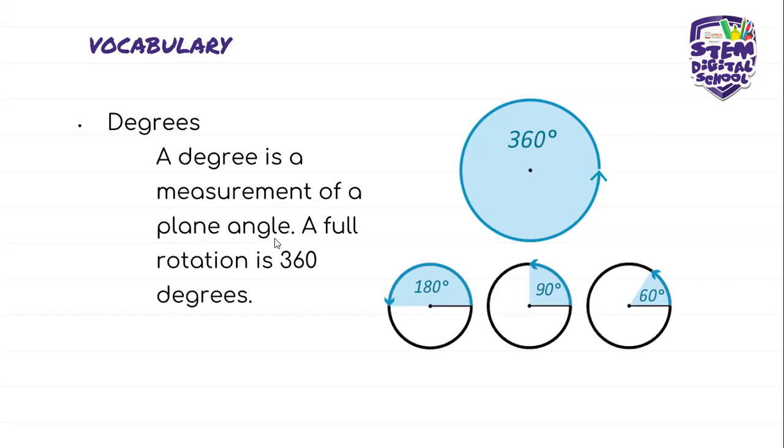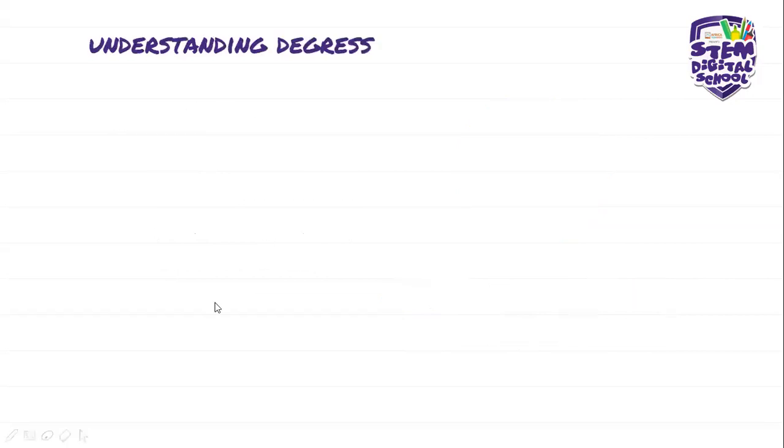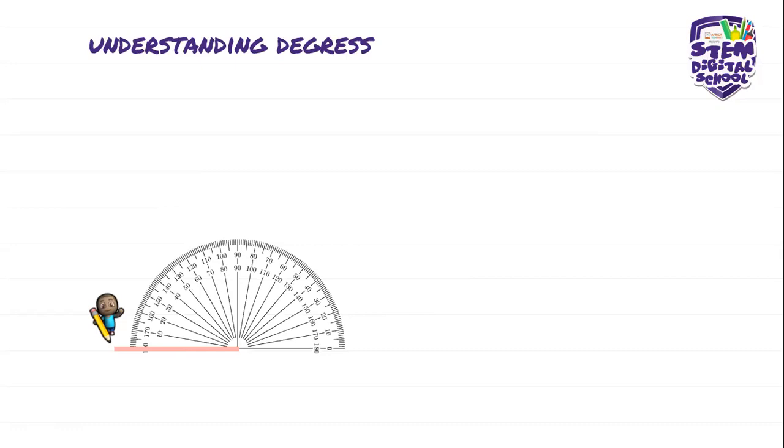So here is where I want to explain to you guys understanding degrees. Okay. For example, over here we have our artist. He's going to draw a line for us. Now, from this line, if you think about this compass, you guys might have used that in technical drawing or your math.